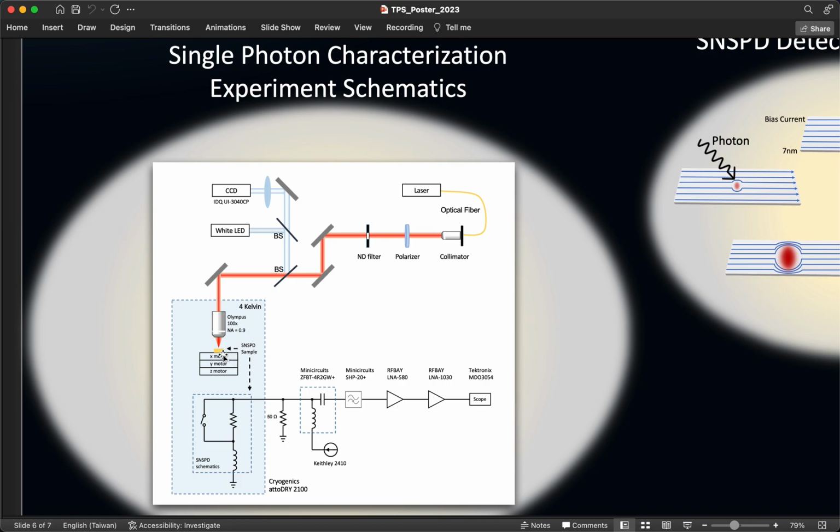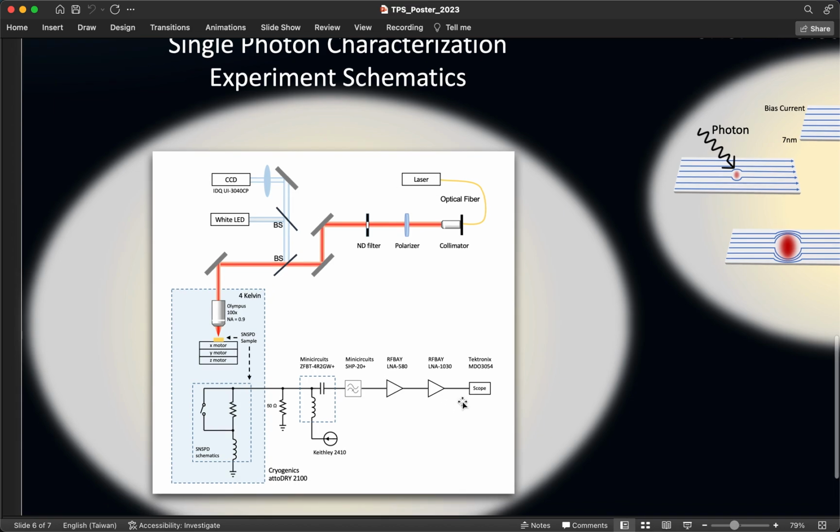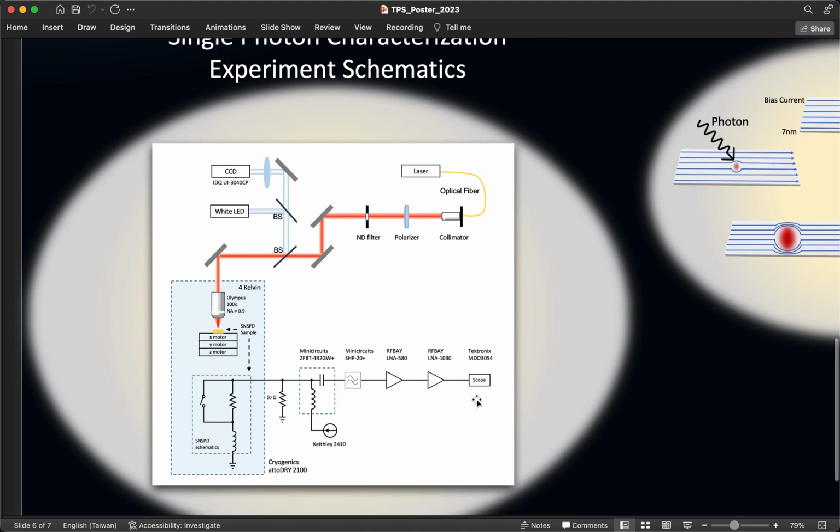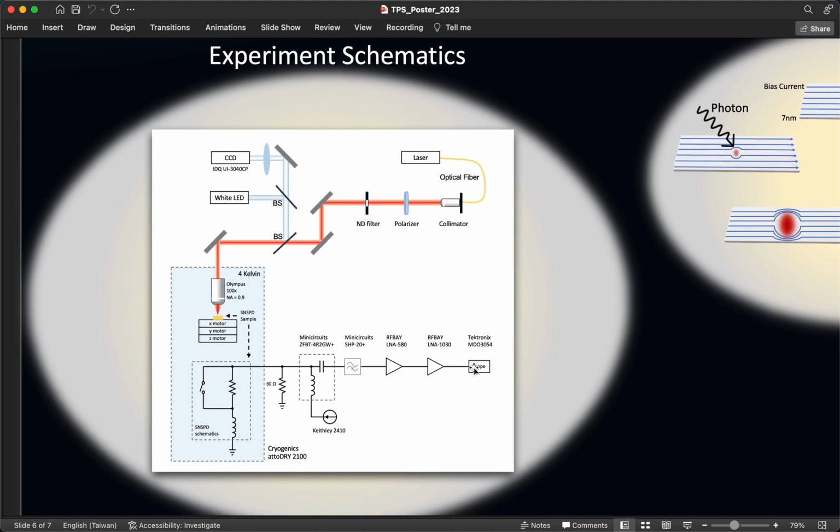And then the signal will be read out with the RF readout chain, including the amplifiers amplifying to a reasonable signal output, and we would read it out and get the single photon events.